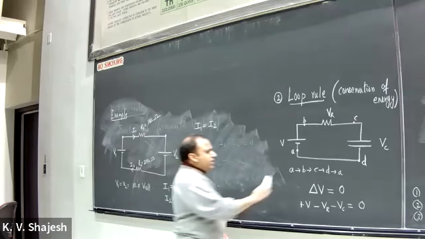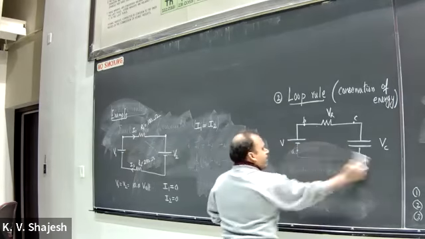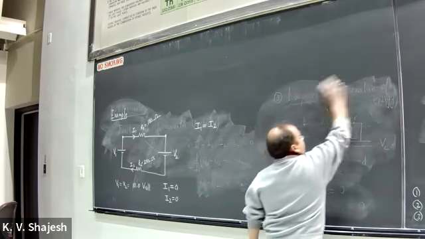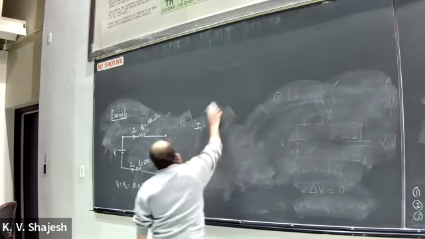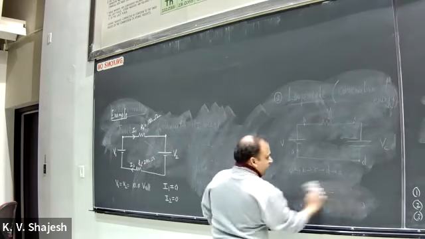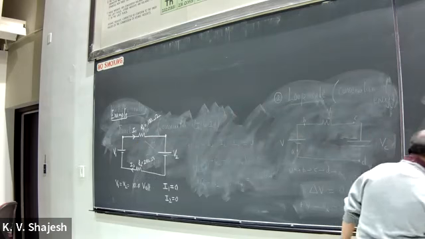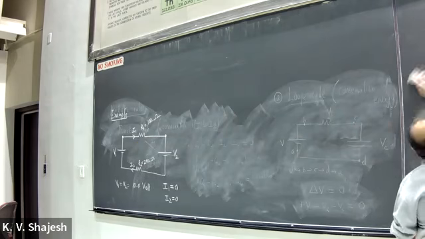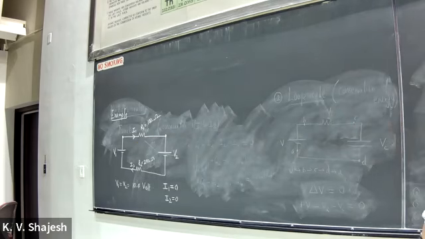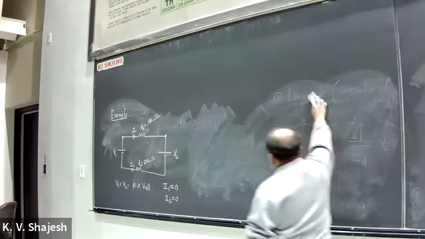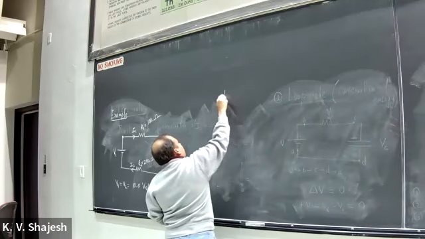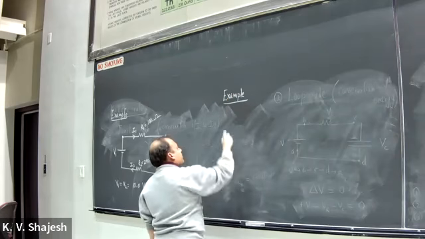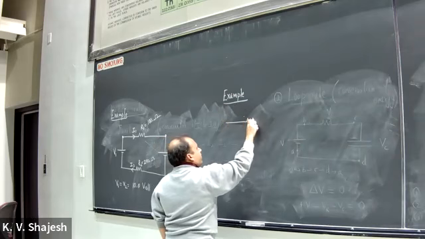But let's now actually do a circuit where it is necessary to use Kirchhoff's loop rule and junction rule. So let's have the following circuit.